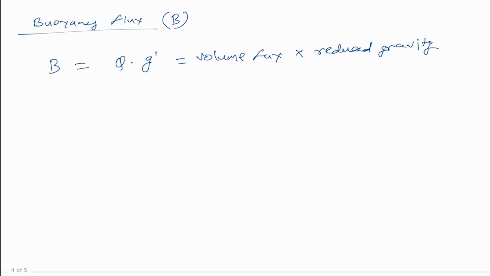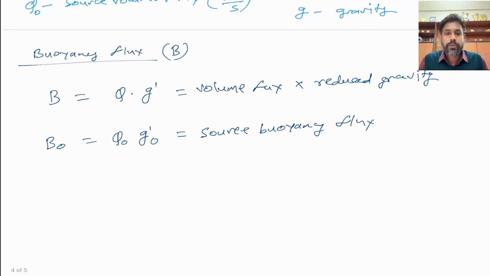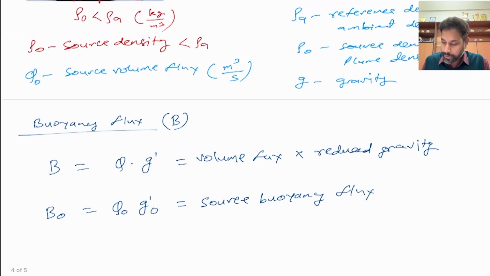And now because we are trying to define it for the source condition, we can write it as Q naught g prime naught, that will give us the source buoyancy flux. Okay, so this is a parameter that we are going to use.